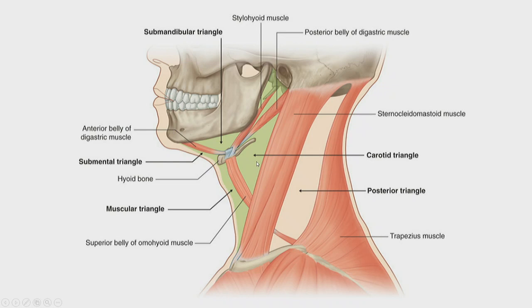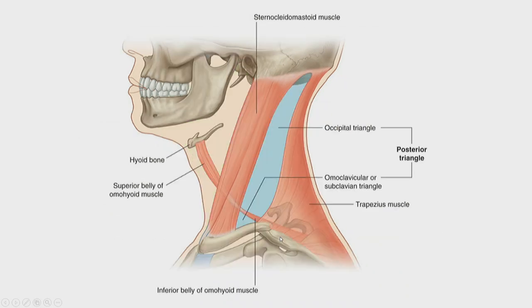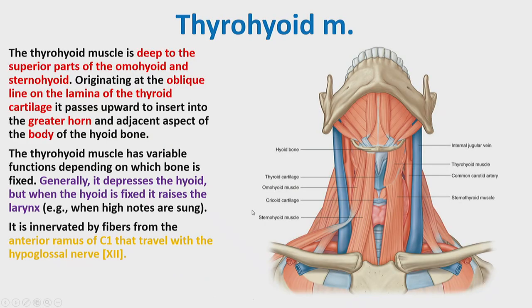This is the carotid triangle, extremely important. And the inferior belly divides the posterior triangle of the neck into the omotrapezius, or here called occipital triangle, and here the omoclavicular triangle of the neck region. So this is important, also the division.